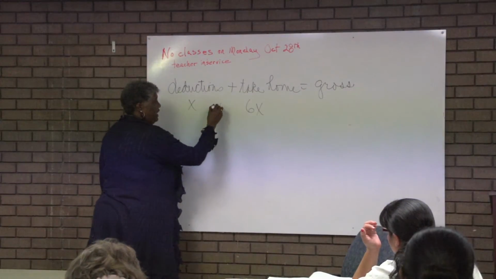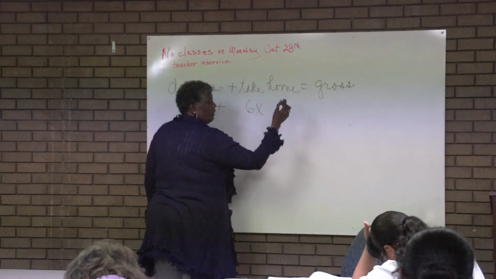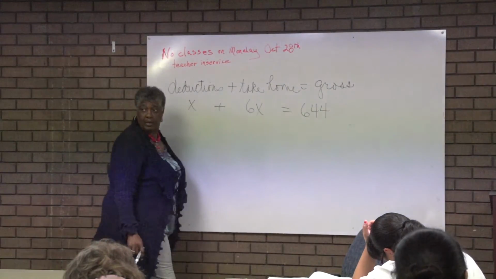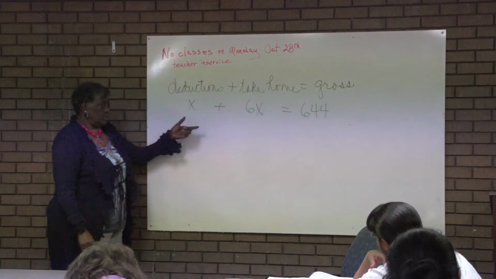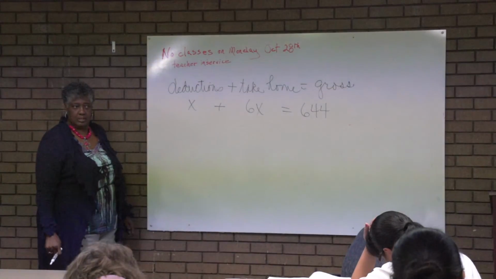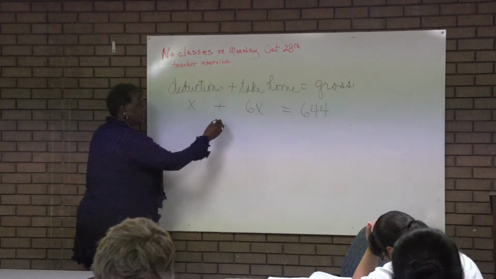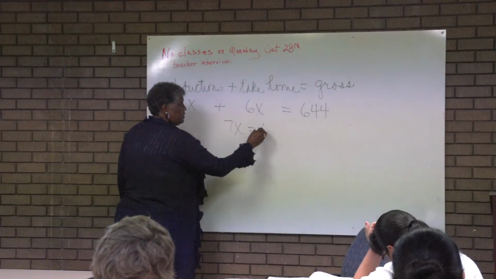So these two together will equal how much? 644. We have X's on the same side, so X plus 6X is 7X, equal to 644.